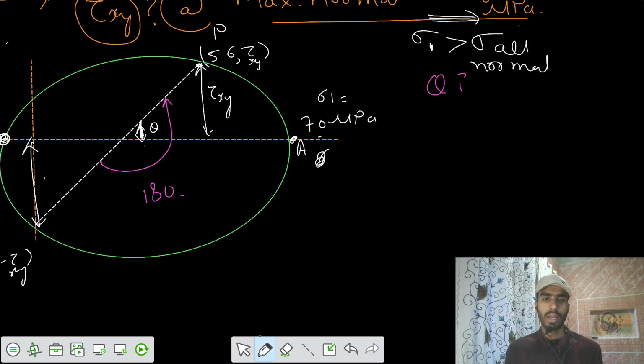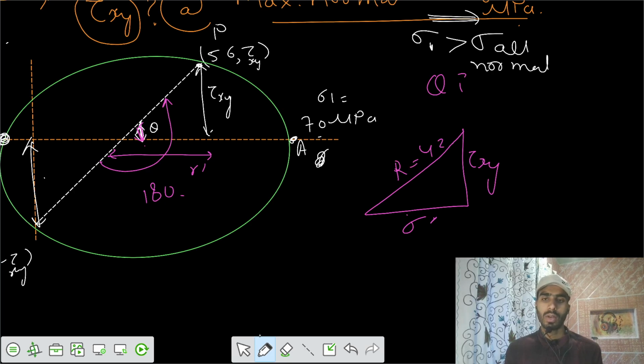We don't know how we can get this theta, but if we take this triangle, the dimensions would be, this is tau xy. Let's say this is some sigma dash. I know the radius equals 42, but I don't know the value of theta.